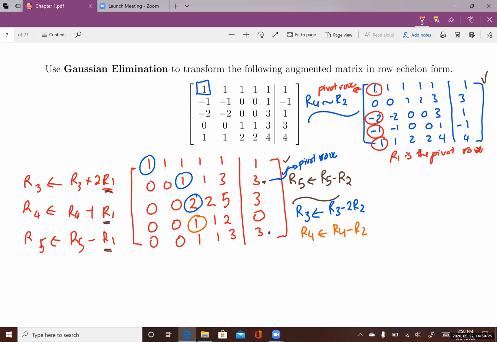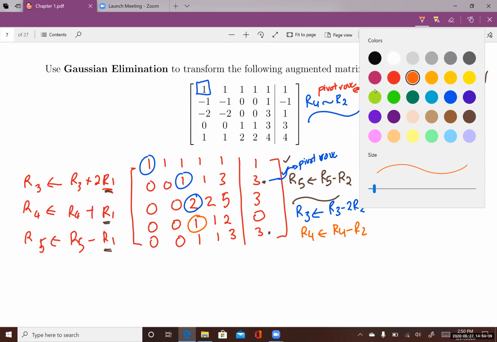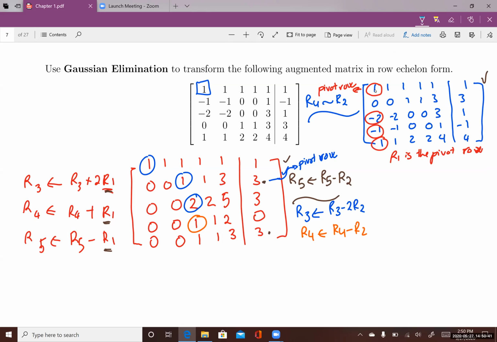Okay, so now I apply 3 row operations, transforming rows 3, 4, 5 using row 2, because at this point row 2 is the pivot row. Let's write out the new matrix. The first row stays the same: 1, 2, 3, 4, 5, 1.